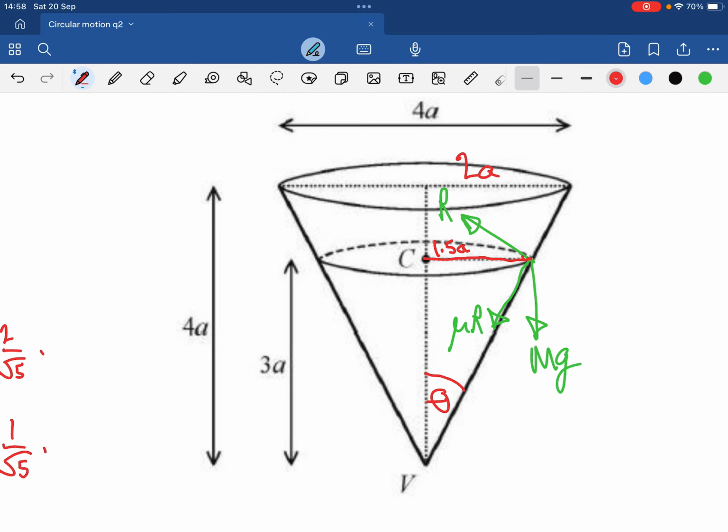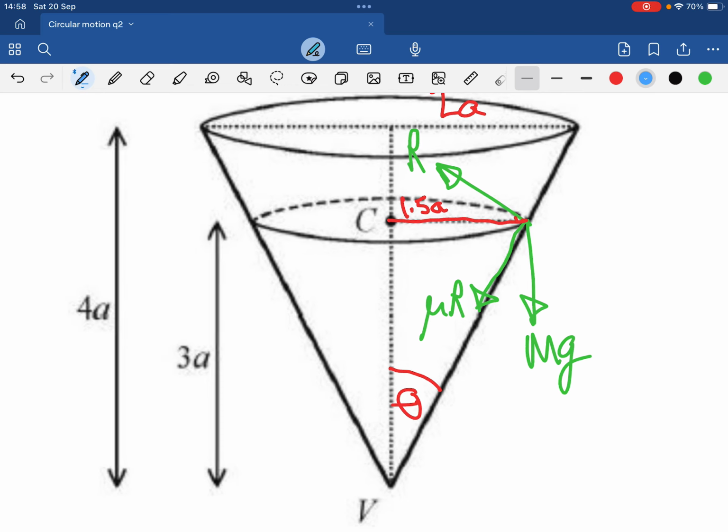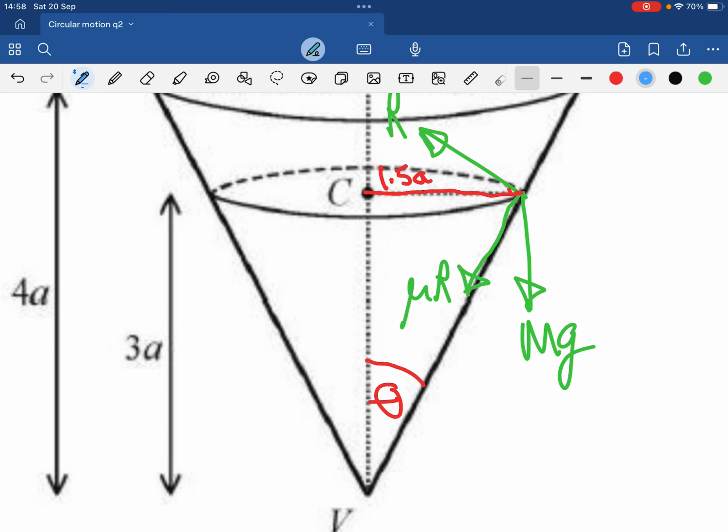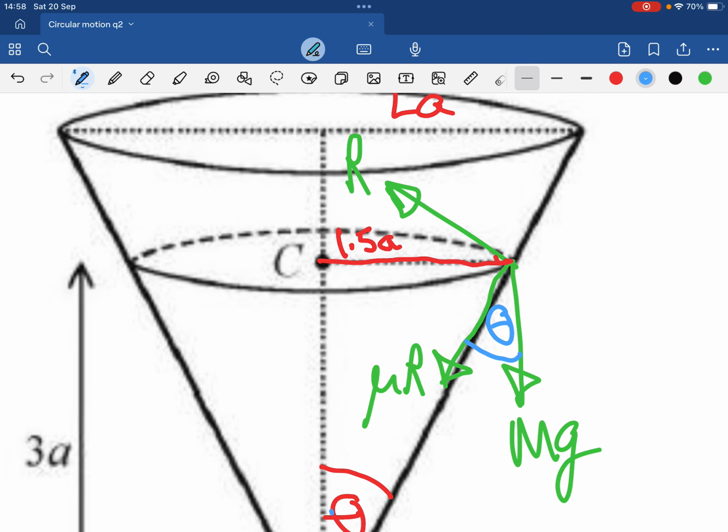Final step on our diagram then, we're almost ready to leave it, is marking in our thetas. Yeah, really, really important to do this step carefully. Theta from the downwards vertical will be the same as this theta here. These are alternate angles. And like we did before, we can add in a vertical to help ourselves.